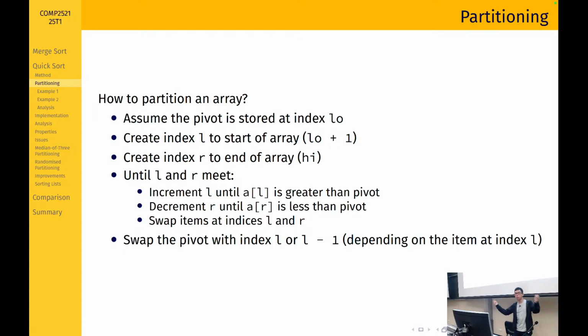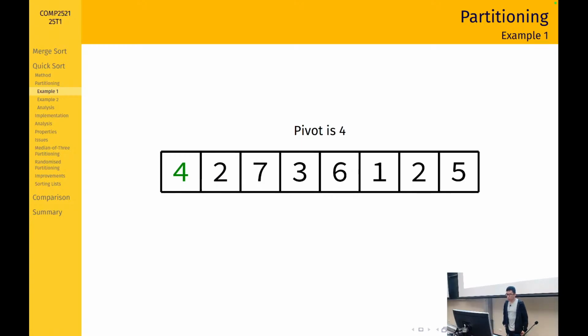So now that we've found two elements, one which doesn't belong on the left-hand side, one which doesn't belong on the right-hand side, we swap them. Okay, and then we repeat this until the two indexes meet in the middle. Okay, and then finally, we need to swap the pivot into the middle of the array, because remember, we left it at the start of the array. So we need to move it into the middle so that everything to the left is smaller, everything to the right is bigger. Okay, so here are some examples of partitioning to hopefully make it clear how it works.